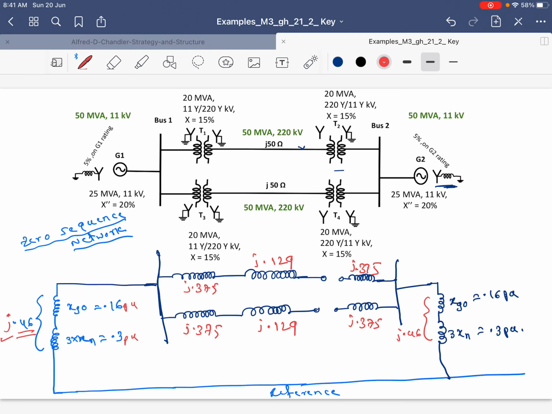This is how you have to represent the zero sequence network. The only trick is for the generators G1 and G2, which you have to observe carefully here. It is a combination of the two reactances Xg0 and 3 times Xn that gives the total zero sequence reactance of the generator.